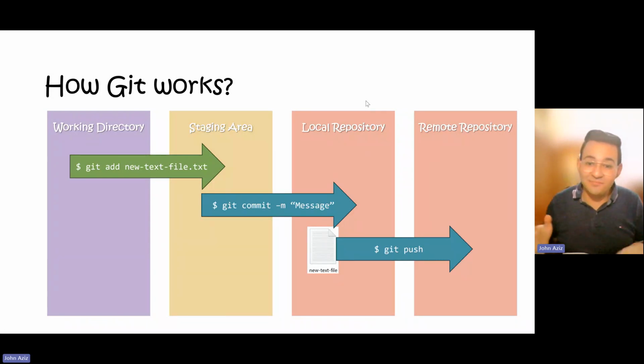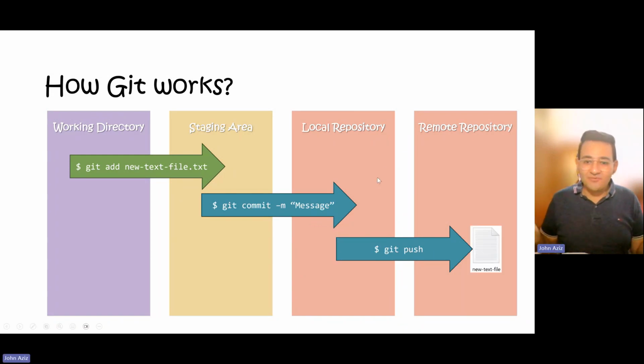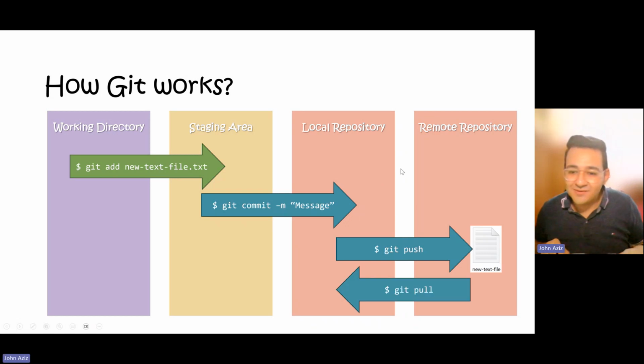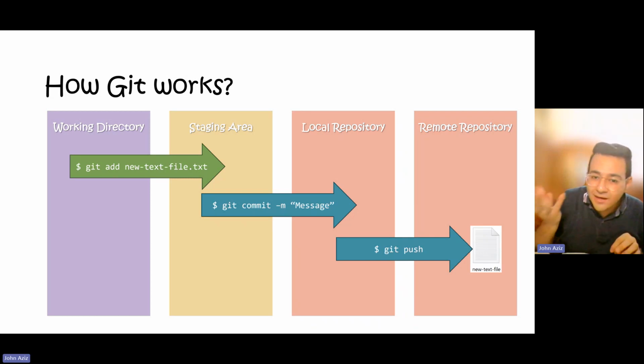So we can just type git push, and as you can see, the file has been moved to GitHub. So what if it's the other way around? I have done some changes on the remote repository, and I want to get them locally.